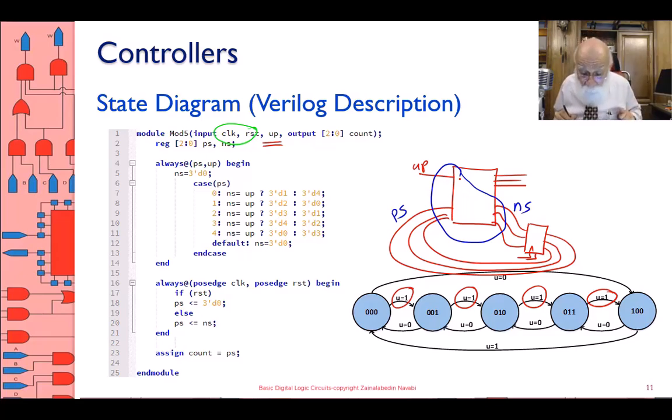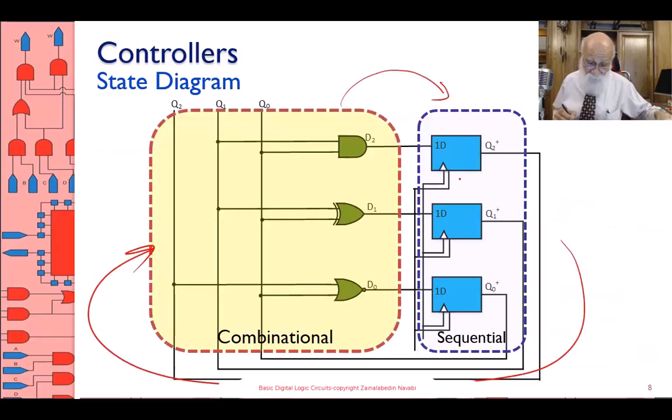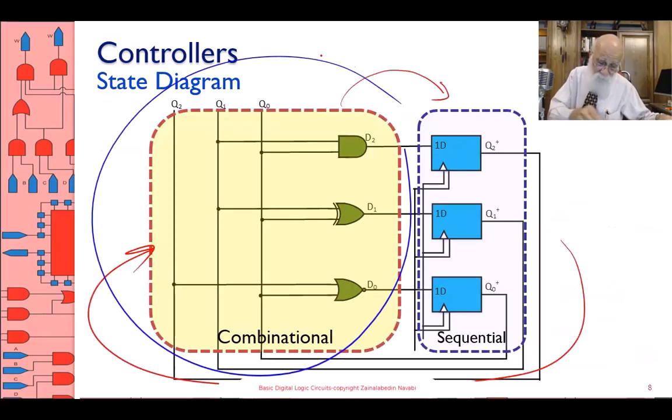So what I'm showing in blue here is a combinational part that makes a decision based on the present input and the present state, makes a decision for the next state. And that is a combinational part. As you have seen, this is a combinational part.